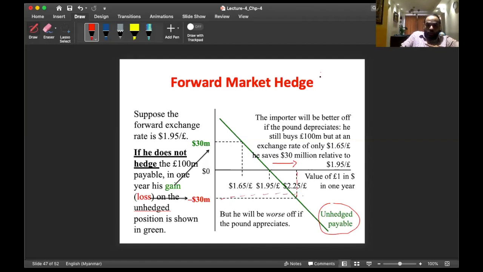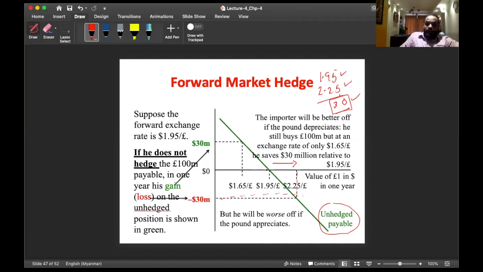How much do you lose? You're supposed to pay 1.95, but the paying rate is 2.25. So it's 30. Sorry, I was wrong. So you're going to pay 30 extra because the rate was this, but the spot rate price increased. So you are paying that.